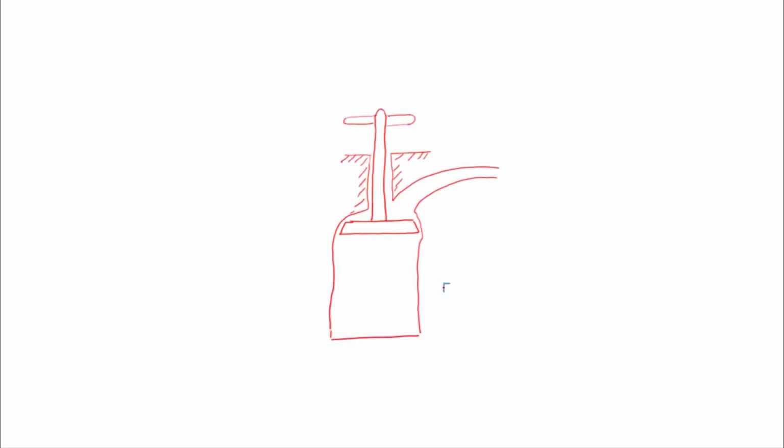On your screen, you can see an engine valve train. The requirement is to have reciprocatory motion of the valve stem. So this is a valve stem, and we need reciprocatory motion of this valve.